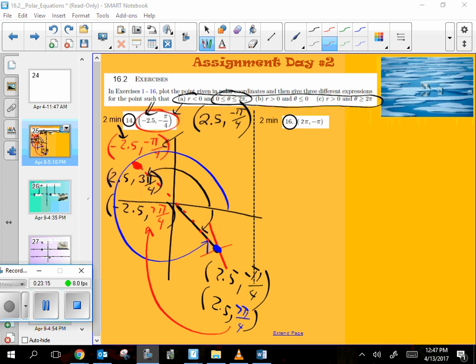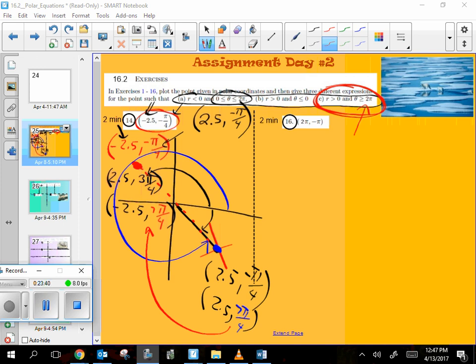Yep, this is just a repeat of last night's homework except for one little thing. It asked at the very end to make one where the radius is positive. Okay, I got that kind. And the angle's bigger than 2 pi. Do you get, you can also make these by taking your angle and adding 2 pi to it.